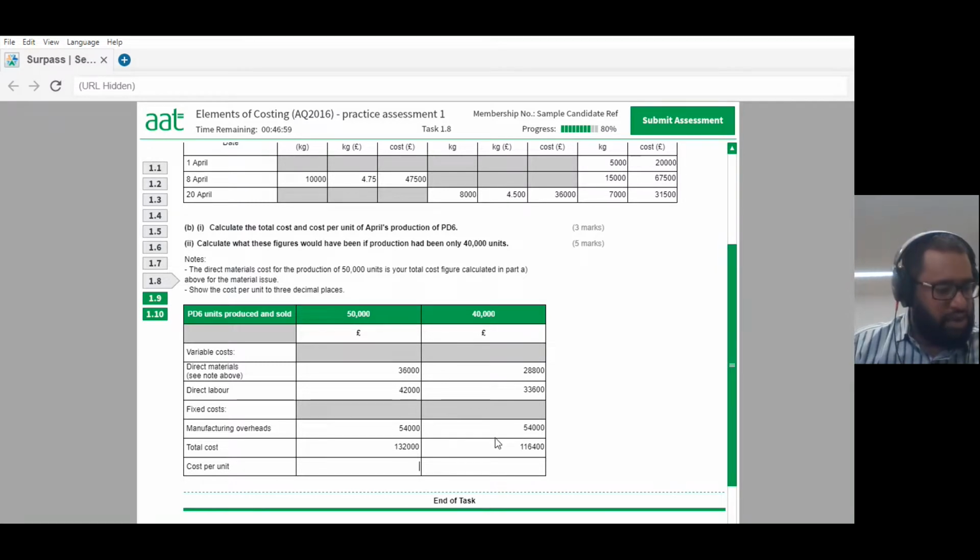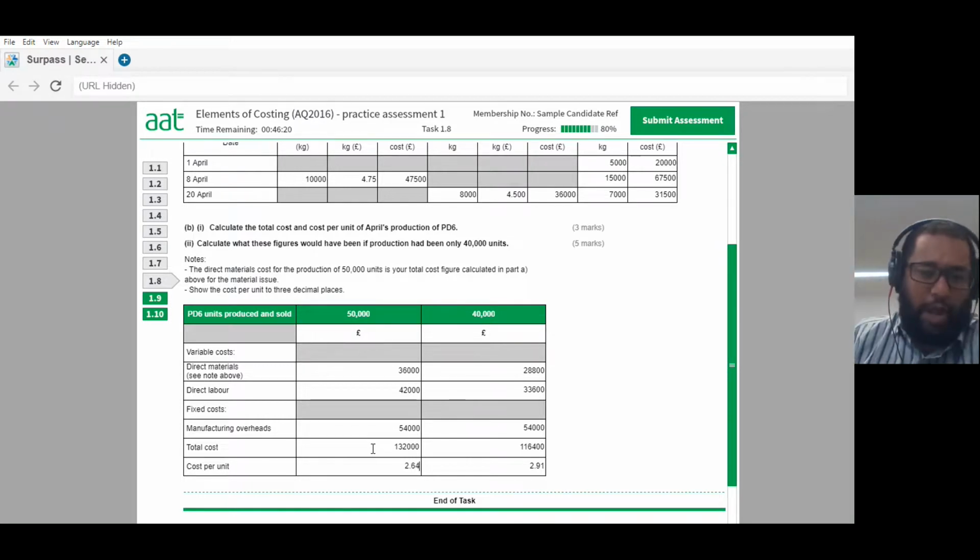So this one divided by 40,000 units gives £2.91 per unit here, and here 132 divided by 50 is going to be £2.64.